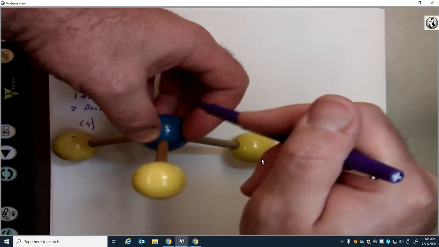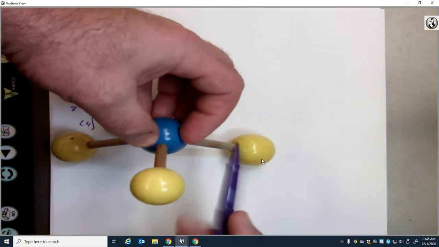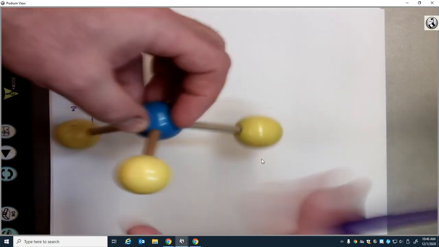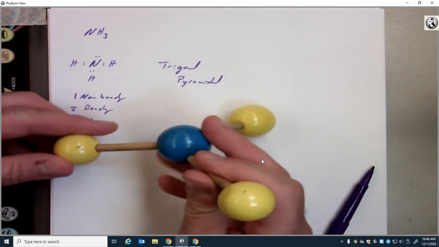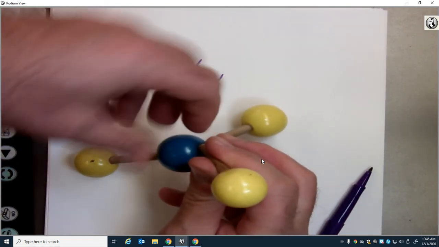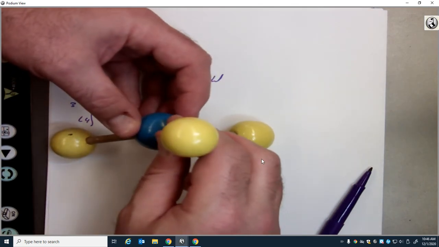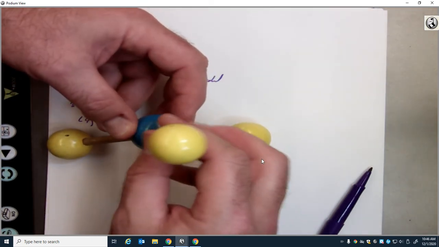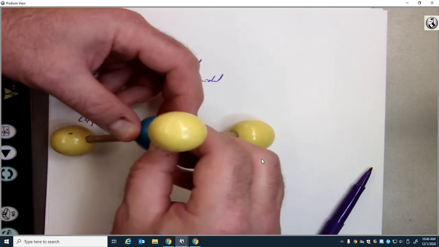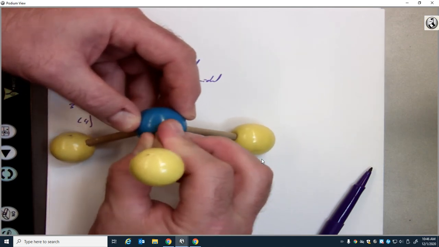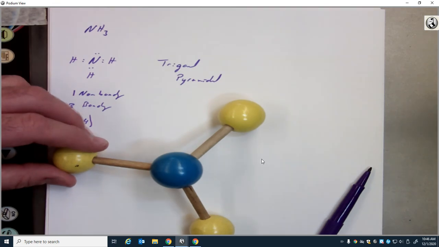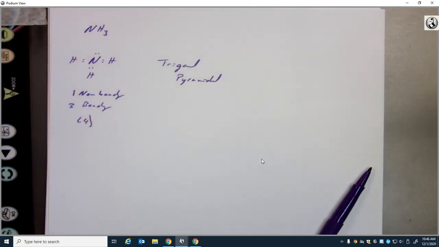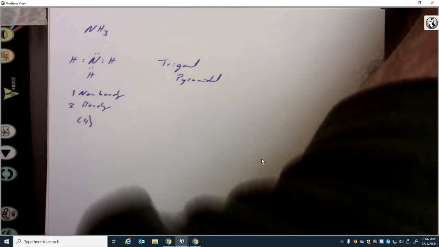This domain is repelling the 3 bonding domains and pushing them down. So instead of being planar, it pushes them down into a pyramidal shape. They're repelling each other, so they want to be as far apart as possible. And we'll come back to that one.